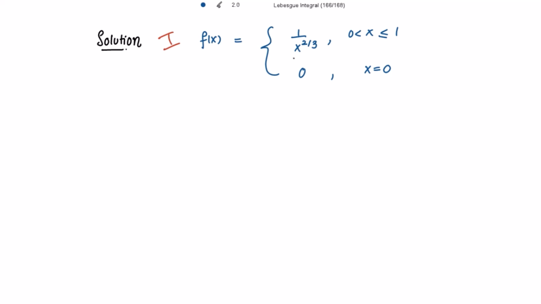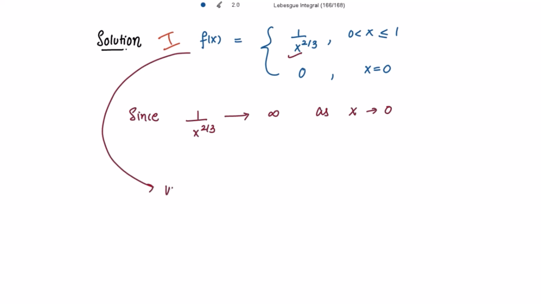The function has this value on this interval and 0 for x equal to 0. Since 1 divided by x to the power 2/3 tends to infinity as x tends to 0, this function is unbounded. Right?